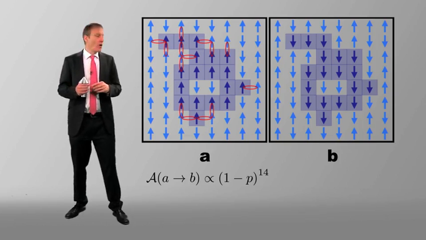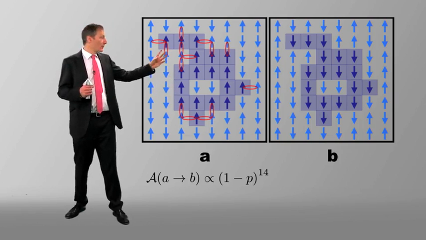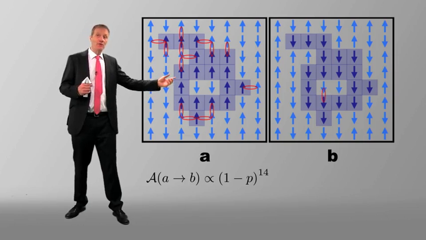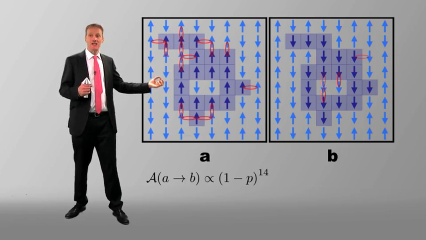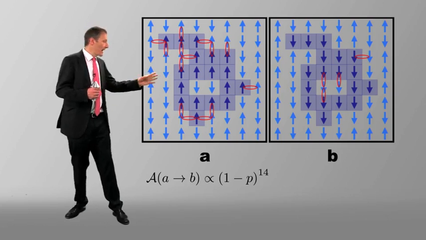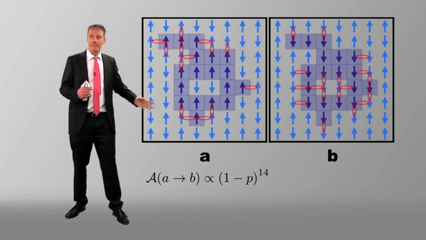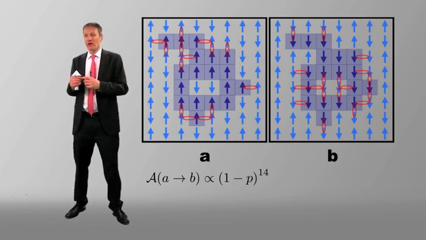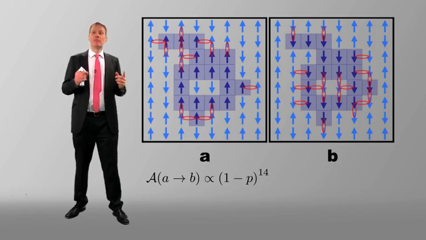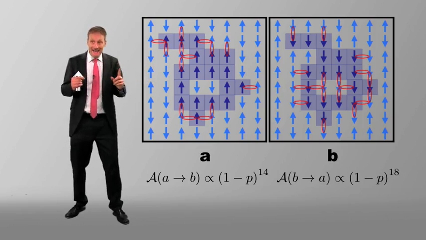Analogously, for the cluster in B, also the construction came to a halt because none of the possible minus edges across the boundaries was accepted. There are 18 minus edges in B. So the a priori probability from B to A is proportional to (1 minus p) to the power 18.